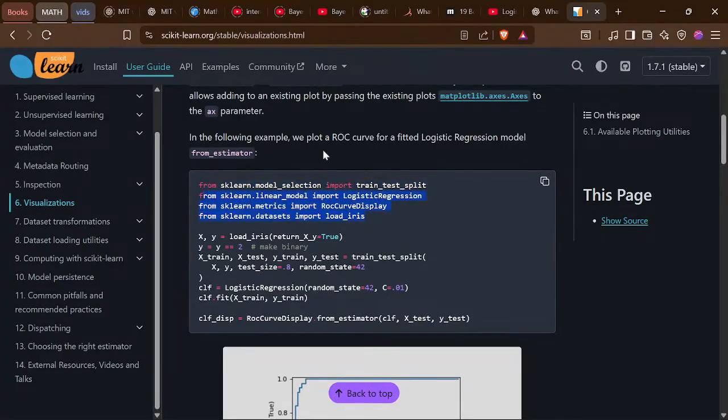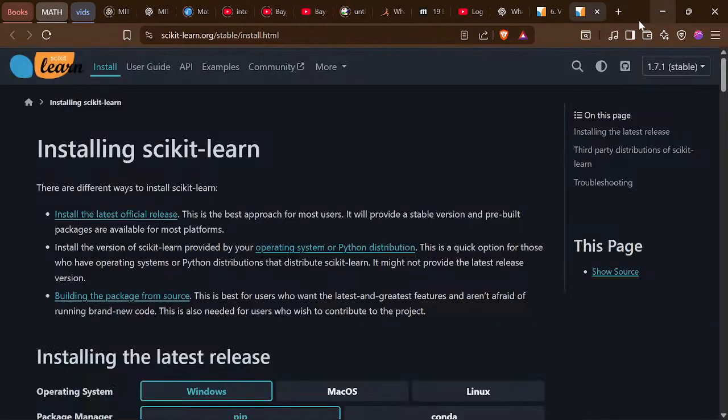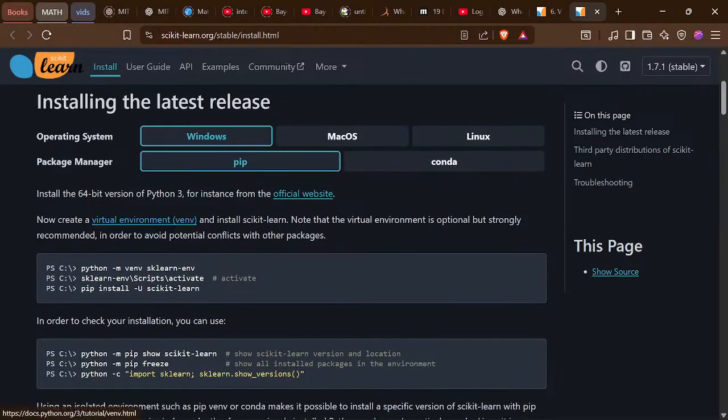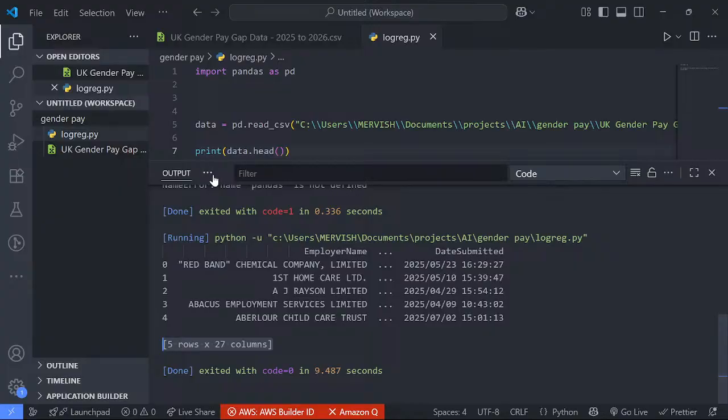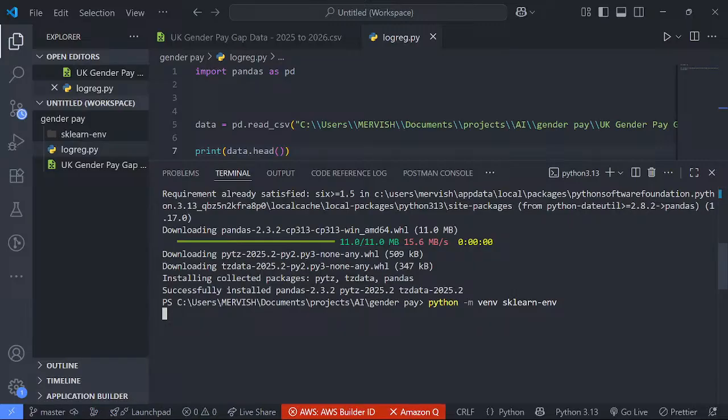How do I actually download all of this? Install. Conda. In order to check the installation. Okay, let's install this first. Terminal. Oh, it's like a one-time install, I think.